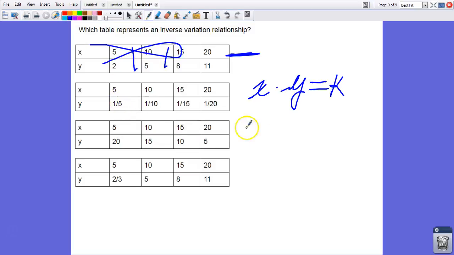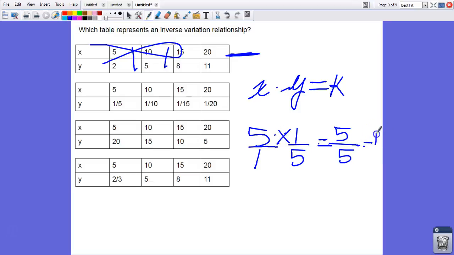5 times 1/5. What does that equal? I have to put a 1 here so I can multiply my fractions. 5 times 1 is 5. 5 over 5, so that equals 1. 10 times 1 over 10, put a 1 here.